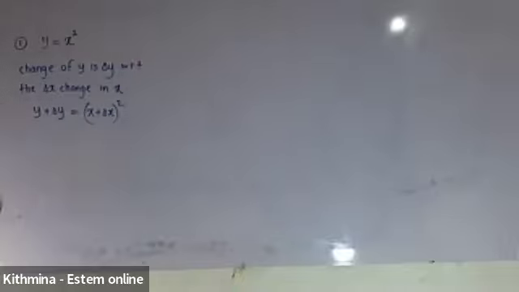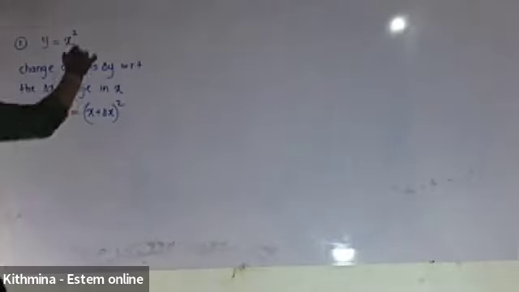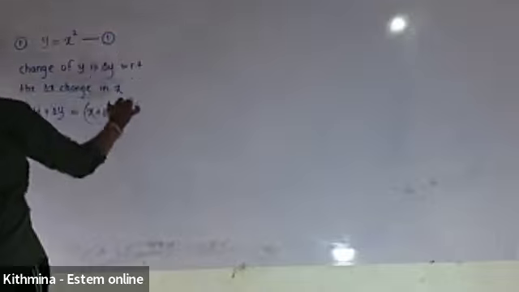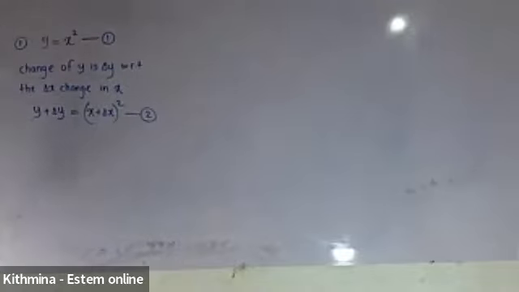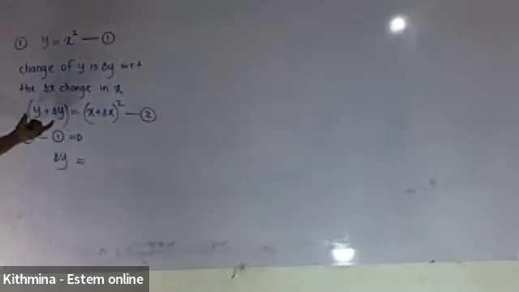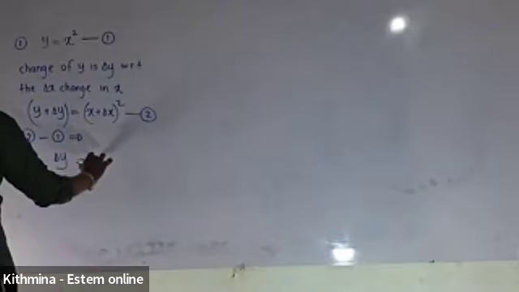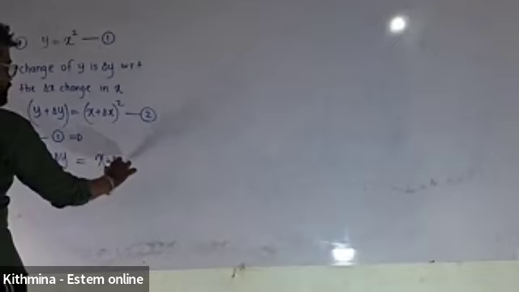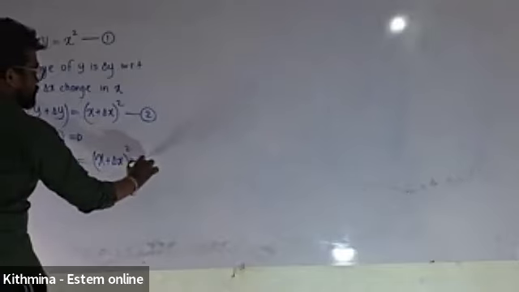This is equation number one, and this is equation number two. Now simply subtract 2 by 1. Then y and y vanish, only delta y remains. Delta y equals x plus delta x squared minus x squared.